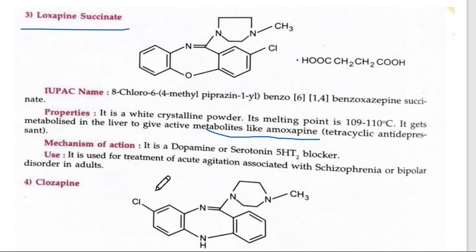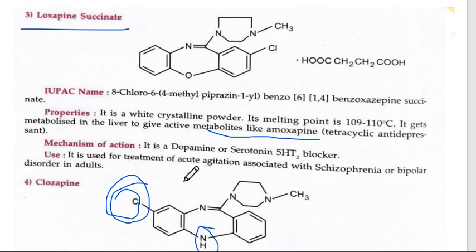Now we have clozapine. You can see loxapine and clozapine structures are similar. The only difference is this. Okay, the chloride ion is shifted here. Here you have an oxygen and here it is NH.